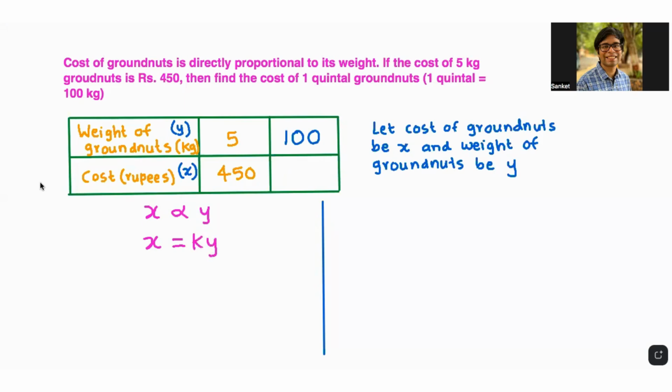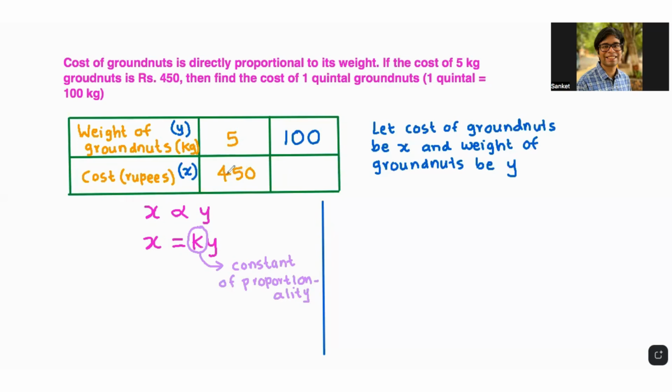So over here, my k is the constant of proportionality. And I know that if I want to find the value of constant of proportionality, I need one value of x and one value of y. Do I have that? Yes.